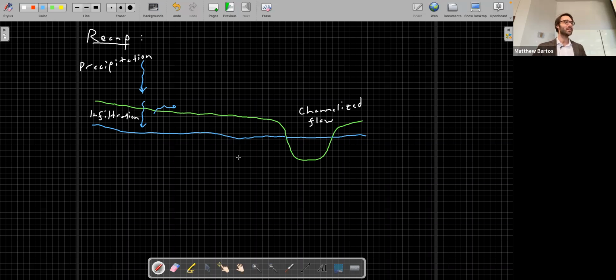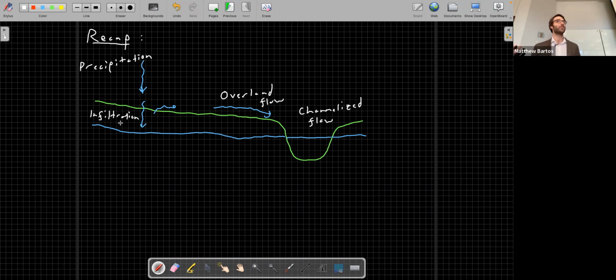We covered precipitation, infiltration, and channelized flow. There's one part we haven't addressed yet, which is overland flow. When we're talking about rainfall runoff modeling, we first need to understand what volume of runoff we get.